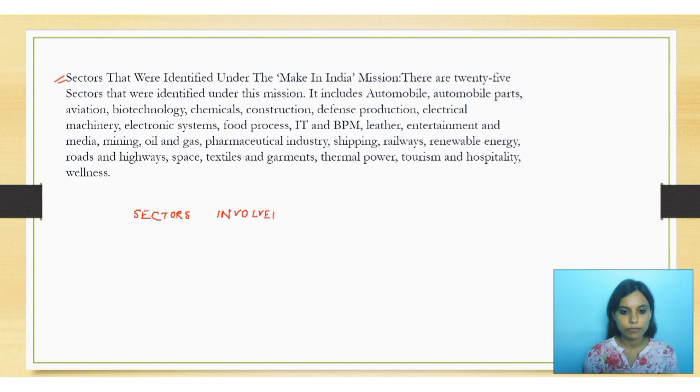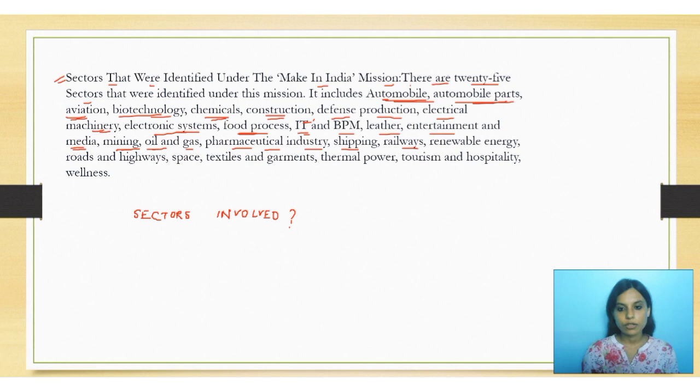The sectors identified under the Make in India mission include 25 sectors, which include the automobile sector, automobile parts, aviation, biotechnology, chemicals, construction, defense production, electrical machinery, electronic systems, food processing, IT, BPM, leather, entertainment and media, mining, oil and gas, pharmaceuticals, shipping, railways, renewable energy, and all these sectors. So you could have mentioned that.